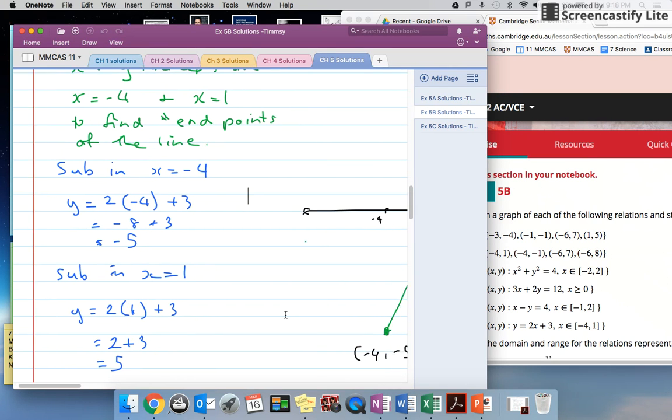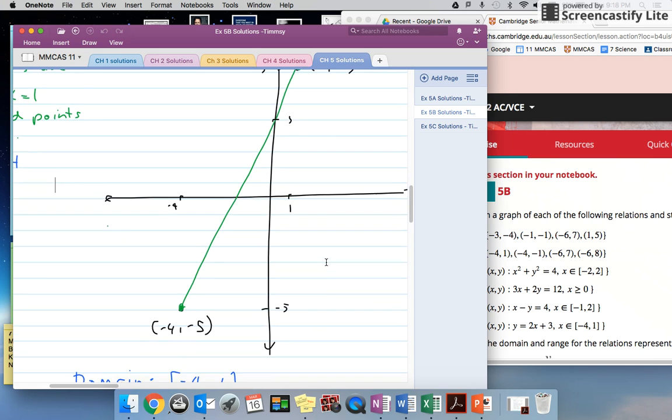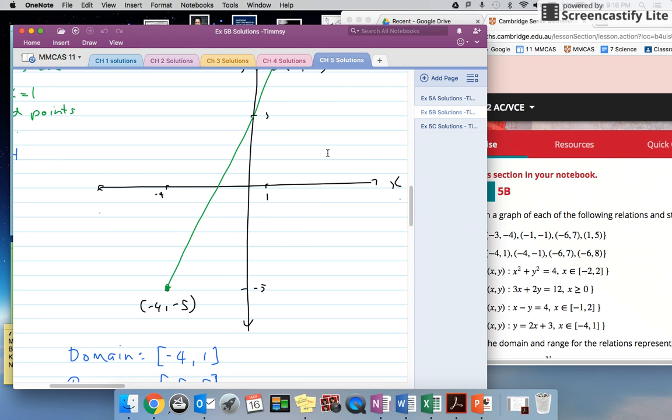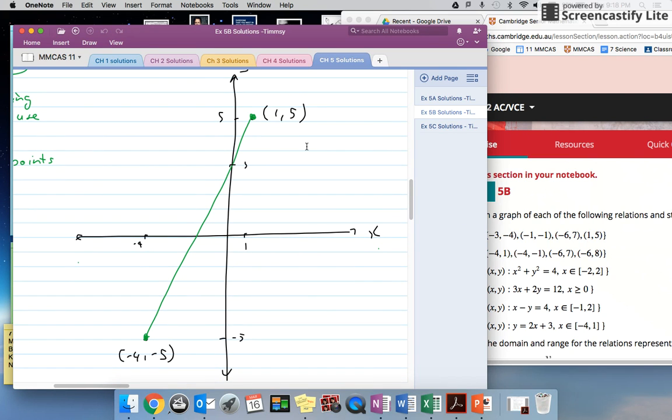I've subbed those in, so let me make the screen a bit smaller. So there's my graph. So I could have found what those intercepts were, but I only really need from here to here because I'm after my domain. So what's my range?